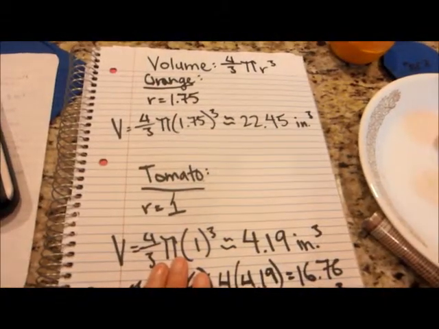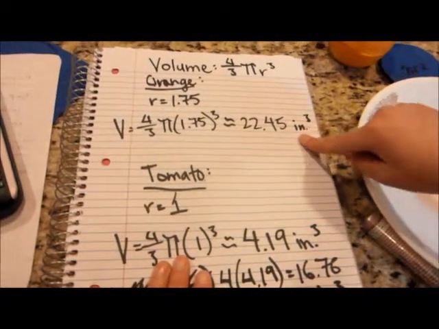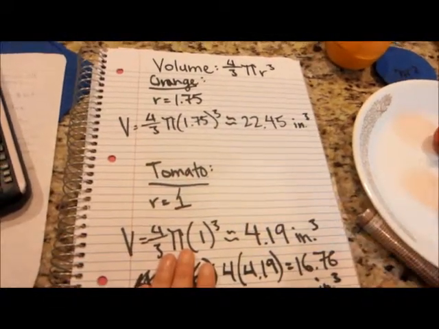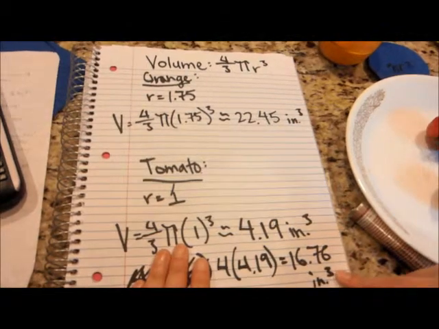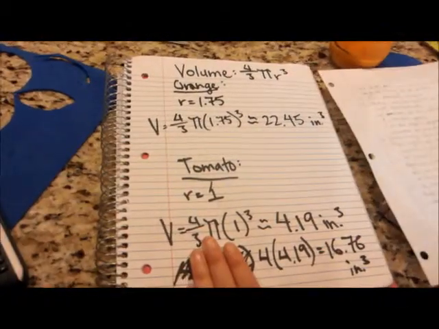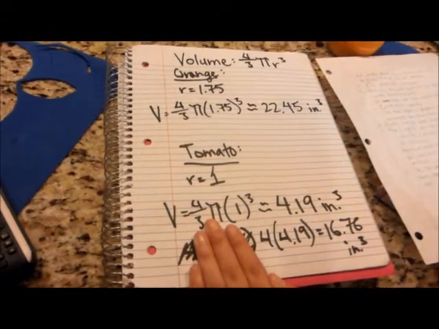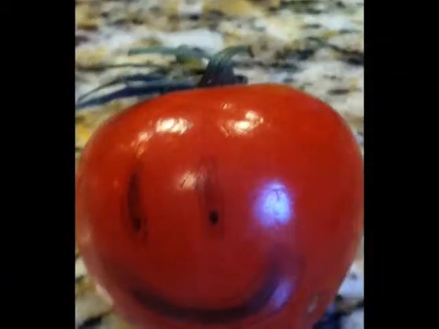So the volume for oranges will be 22.45 inches cubed, while the volume for all 4 tomatoes will be 16.76 inches cubed. So the orange will fill me up more and have less to peel. Perfect. Now I can eat.